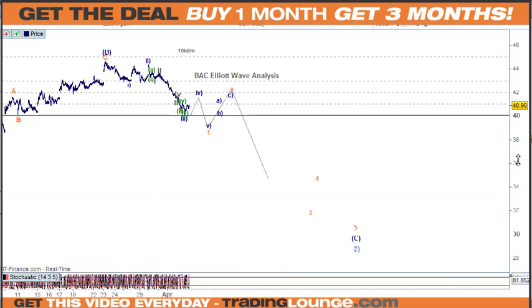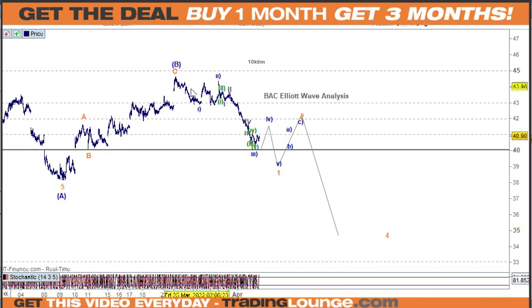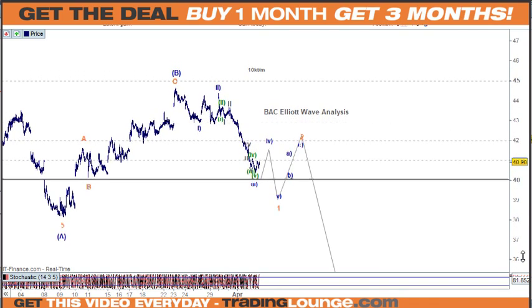So we'll be looking down probably anywhere from 30 to 33 for this move to the downside. Already the banks, with this move down here, I suppose we could force it and look at it as wave 1 and coming back for wave 2 as an ABC pattern, but I think that would be stretching it a bit.